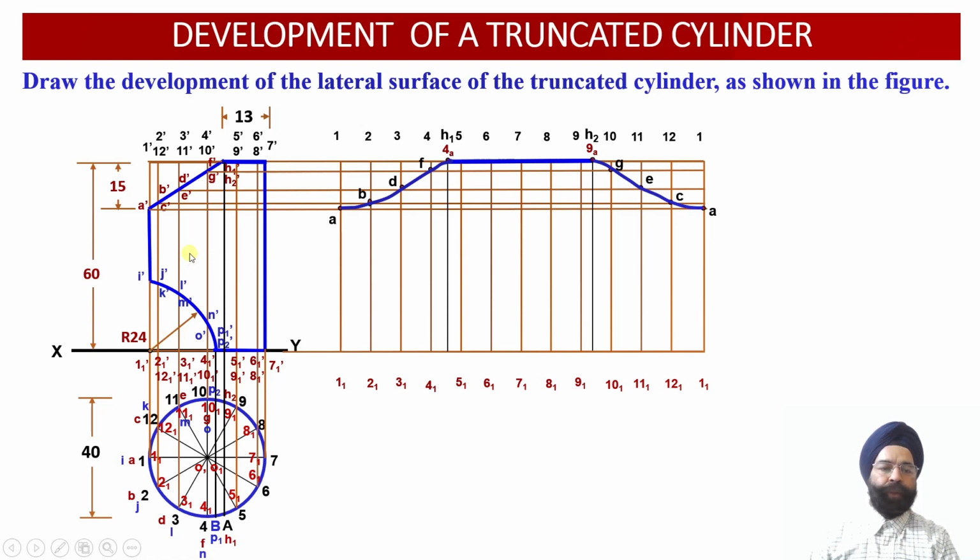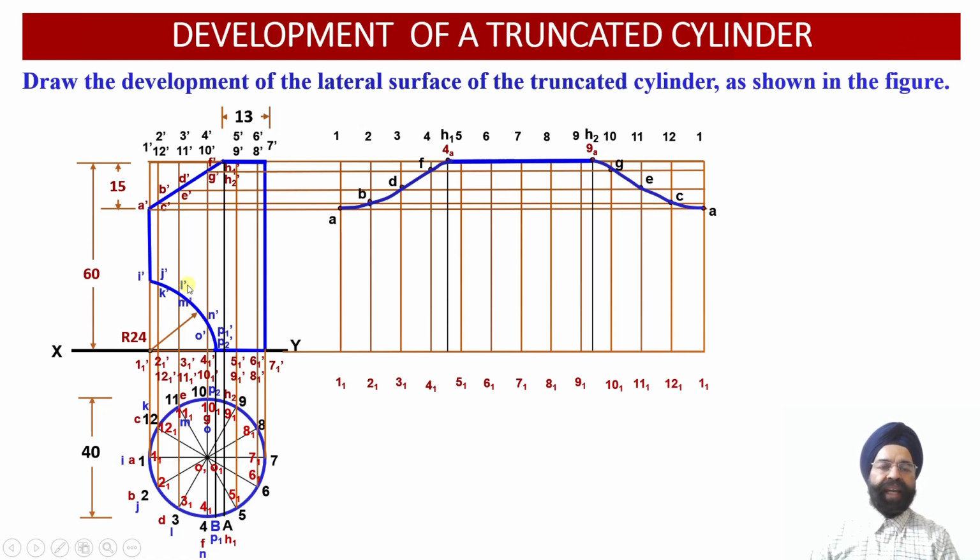So in the top view projections, point J will be coinciding with points 2 and 2 1, we can check, and then point K in the top view projection will be coinciding with points 12 and 12 1 over here.